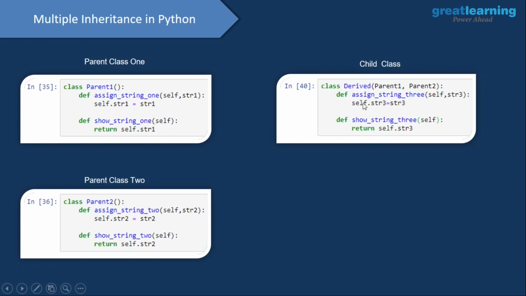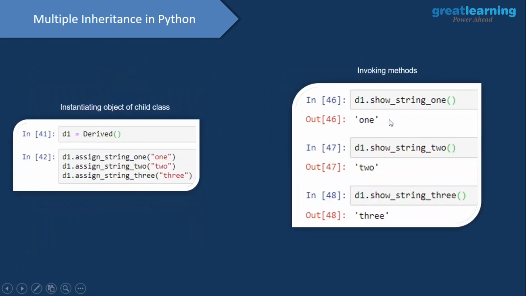And this again has two methods over here. The first method is assign_string3, and I am assigning the value for string 3 over here. Then I will go ahead and show it out. As you see, I am returning, or I am printing out self.str3. So parent class 1, parent class 2 and child class.